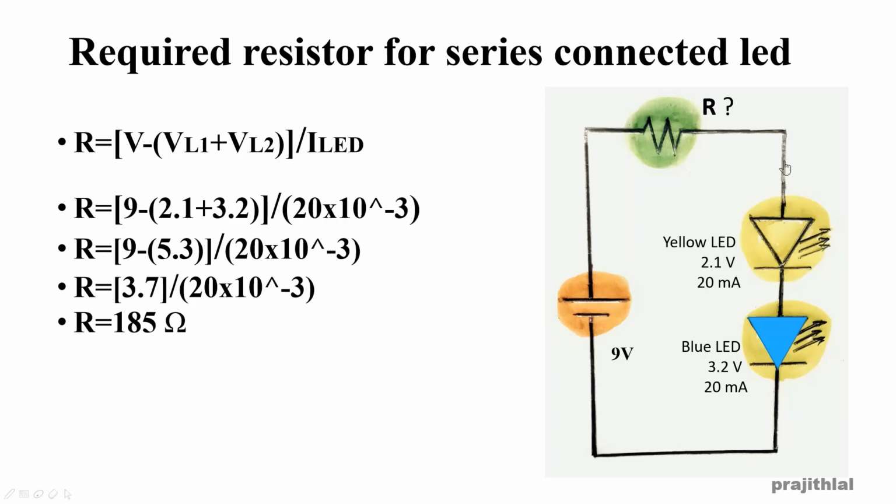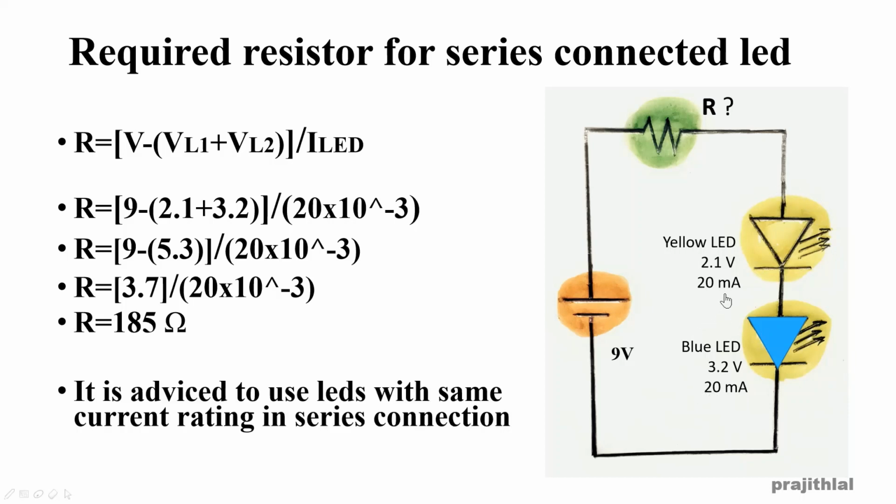So we can use different colored LEDs, that is LEDs having different forward voltage, in series connection, but we should use the same 20 milliampere rating, because if we are having a 20 milliampere and another one of 30 milliampere, when the resistance is adjusted for 20 milliampere, the 30 milliampere LED will not glow well, and if we adjust the resistor or reduce the value of the resistor to increase the brightness of the 30 milliampere LED, what happens is that the other one will burn off due to high current.